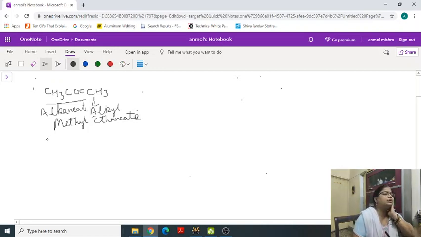Now next is the structure of the carboxylic carbonyl group.